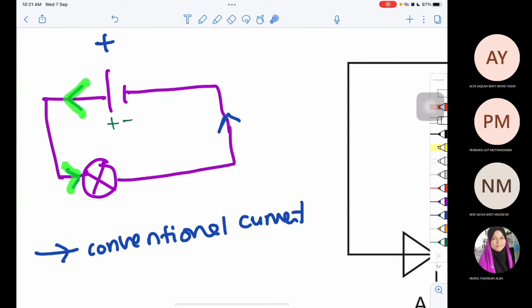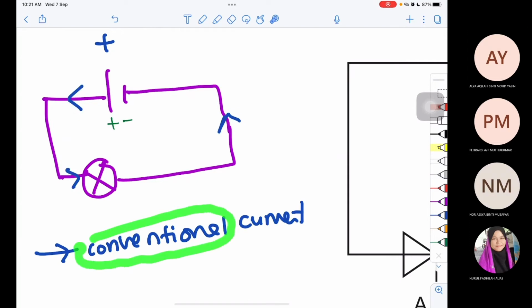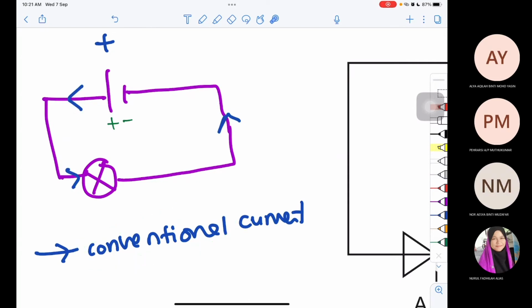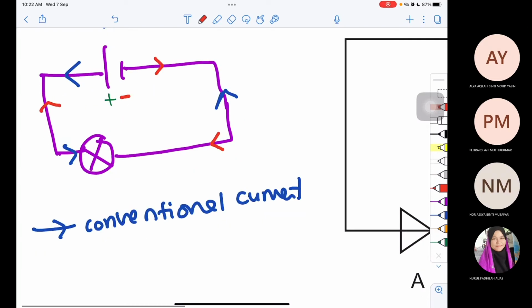Ni direction of apa? So that's the direction of conventional current. Now, what about the electron? Electrons travel from negative terminal to positive terminal.